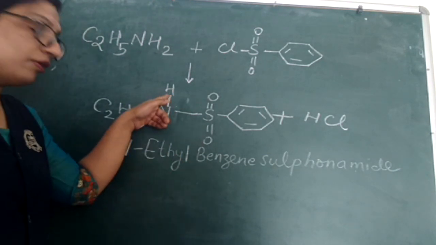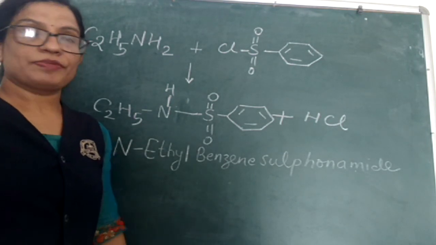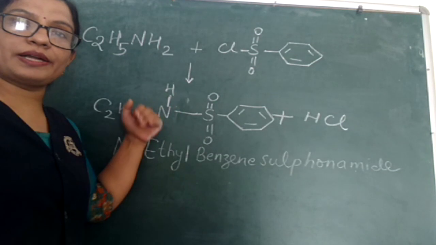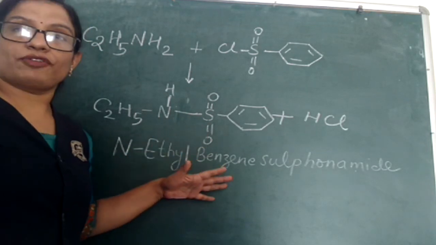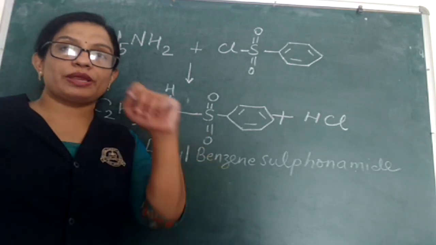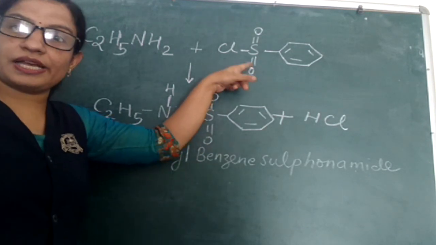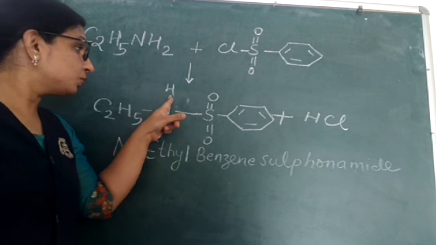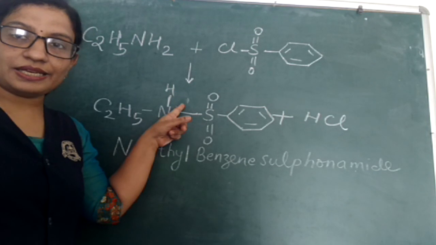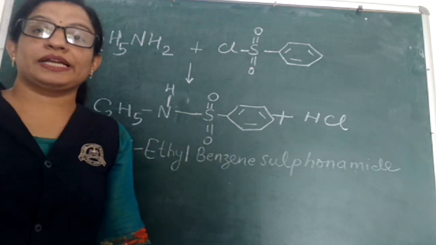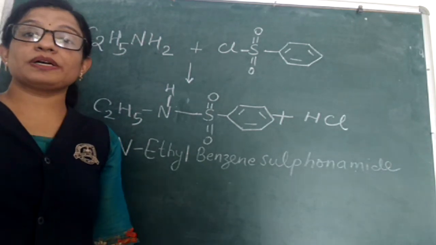And this hydrogen in that case will be released in the form of H plus ion, because both the electrons of this NH bond are taken by nitrogen, and that means in this N-alkyl benzene sulfonamide, which is the product of reaction between Hinsberg's reagent and primary amine, due to this hydrogen, this is acidic in nature, and because it is acidic in nature, it is soluble in alkalis. So this is how primary amines react with Hinsberg's reagent.